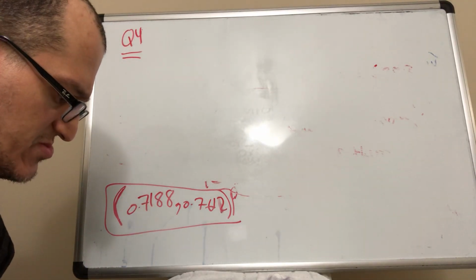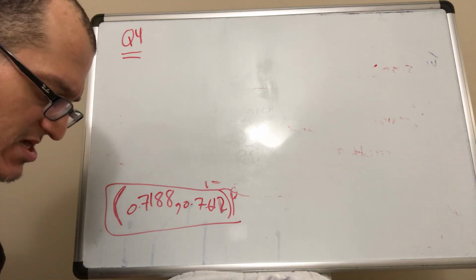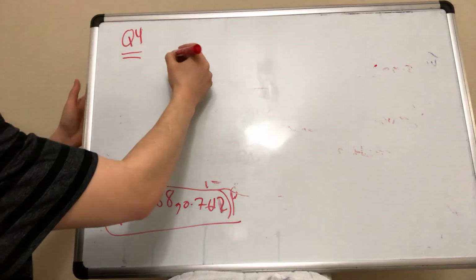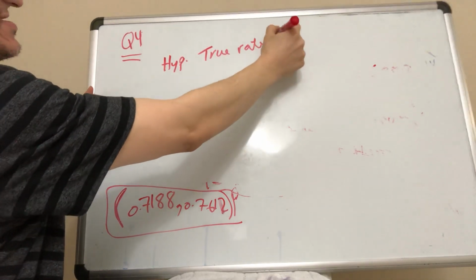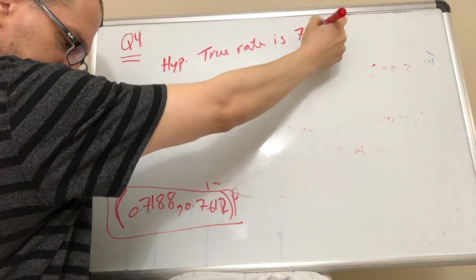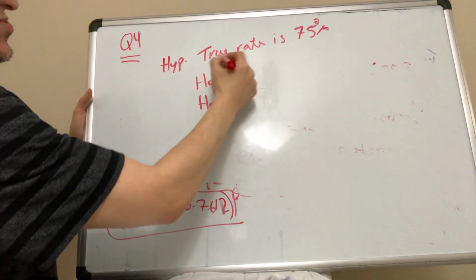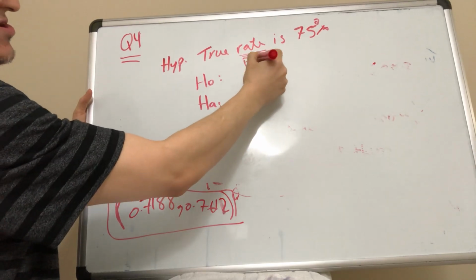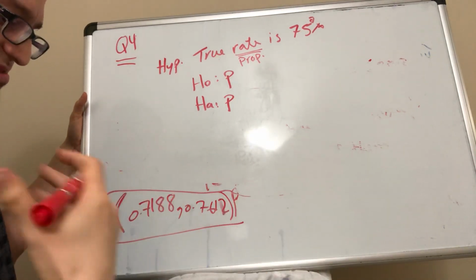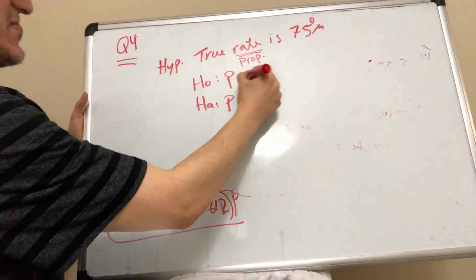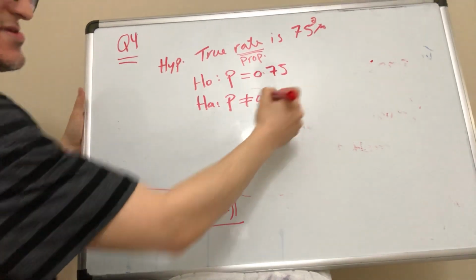The question: would you reject a null hypothesis that the true rate is 75%? Why or why not? So they want a hypothesis that the true rate is 75%. H0, HA, and listen carefully. When you're testing a rate, also called a proportion, you have p and p. They say, is it 75? So H0 would always be equal, and HA would be not equal to 75.